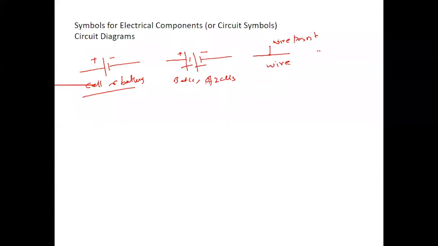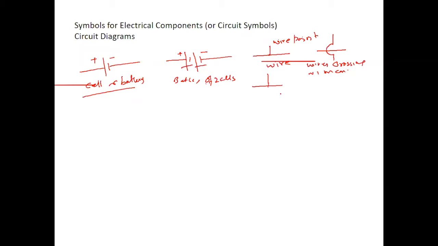Sometimes you can see like this. That means wires crossing without connecting. See, if like this, that means these wires are connected.